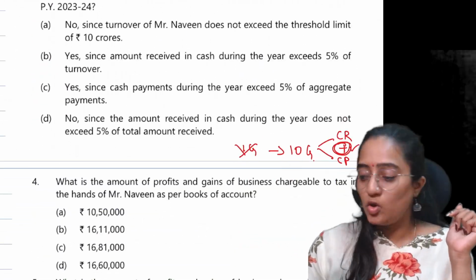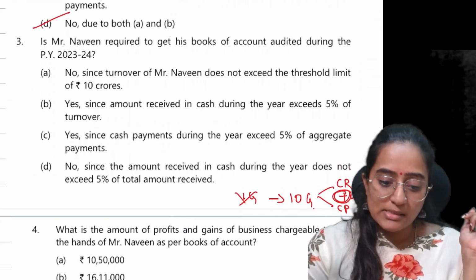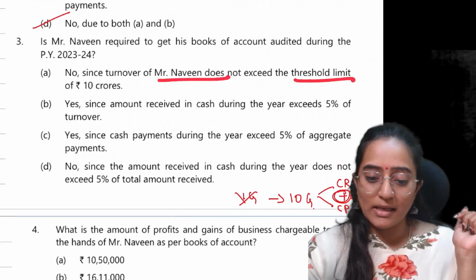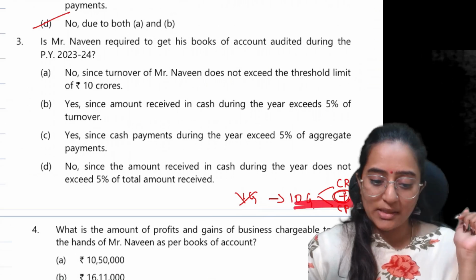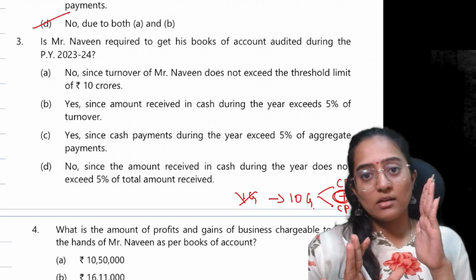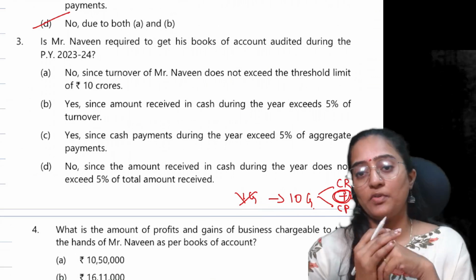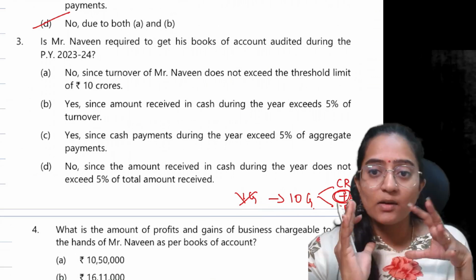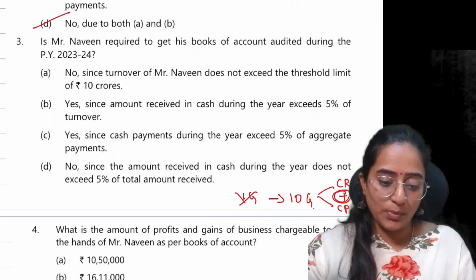Considering both the options, since the turnover of Mr. Naveen does not exceed the threshold limit of 10 crore, but you have to consider this cash payment and the cash receipts option. So he has to get his books of accounts audited because of certain reasons. What reason is that? Try to think. 2 points: cash receipts and cash payments.